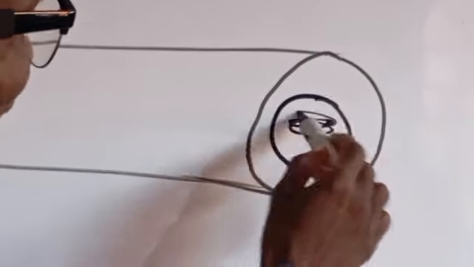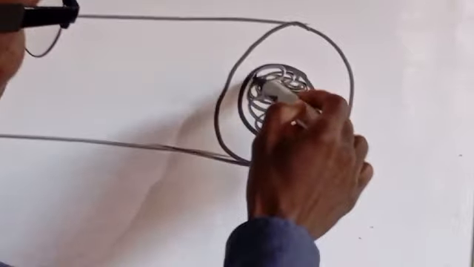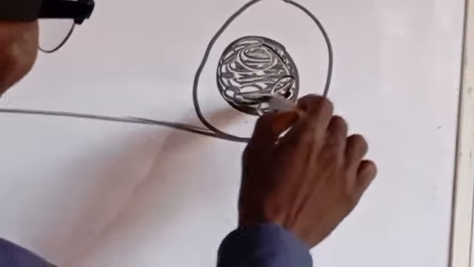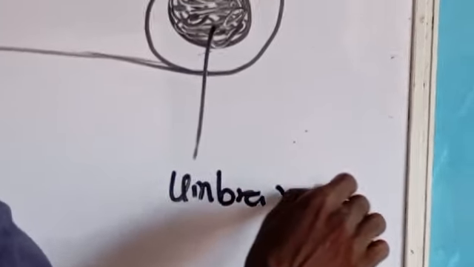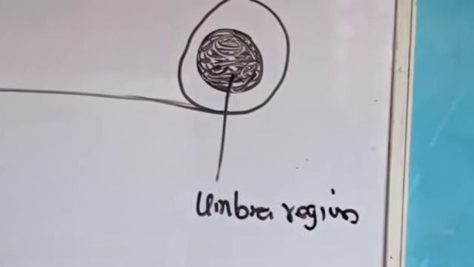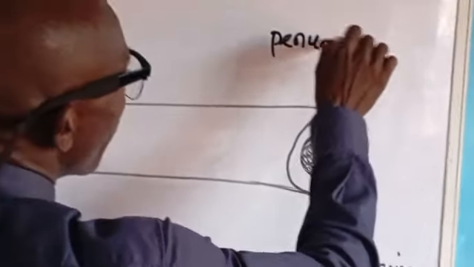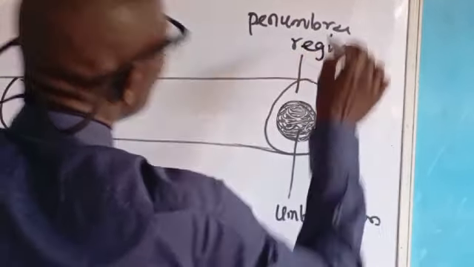So this dark part you are seeing here is the darker part of the shadow. This part that is dark, we call it the umbra region. Umbra what? Region. While this part we call the penumbra region.